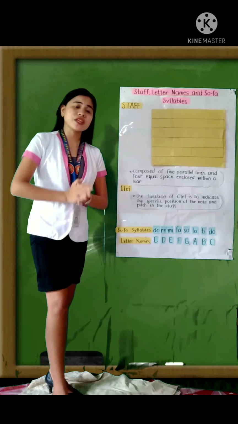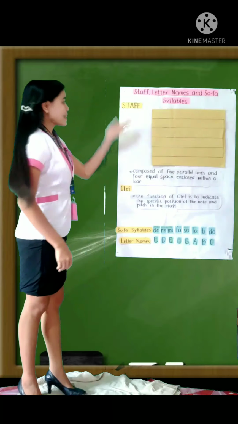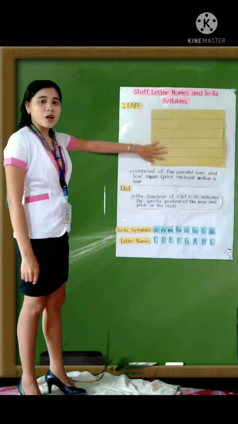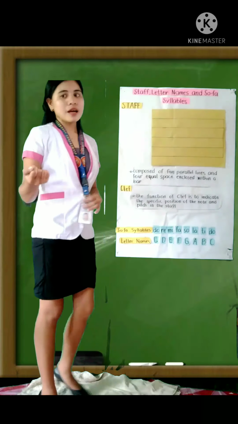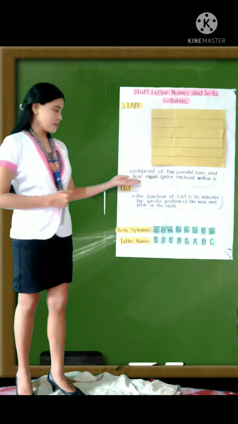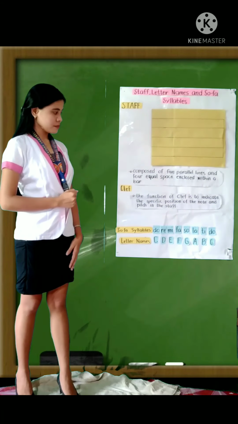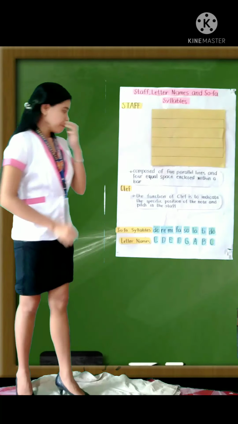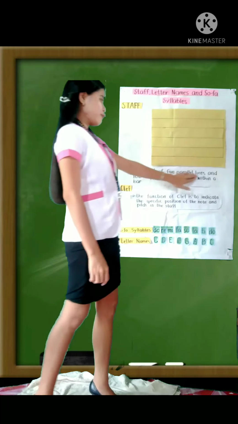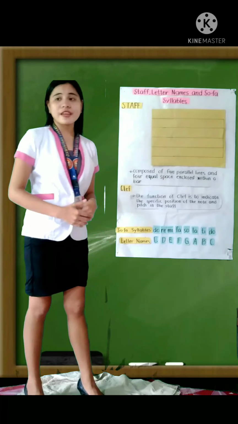So I am sure that you are already familiar with this symbol. So this is an example of the staff. So Anna, please read the staff. Composed with 5 parallel lines and 4 equal spaces enclosed within a bar. Very good. So the staff is composed of 5 parallel lines and 4 equal spaces enclosed within a bar.